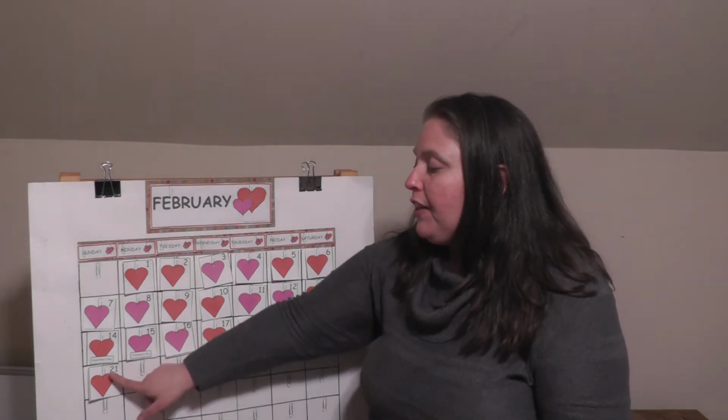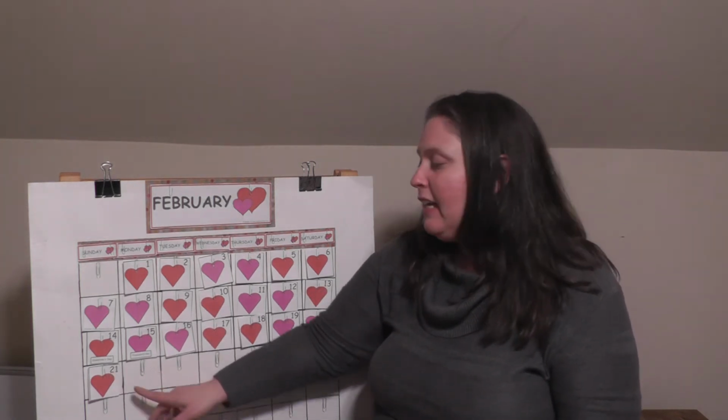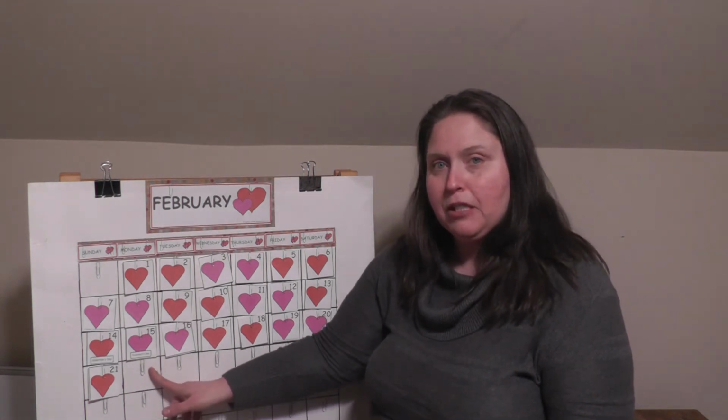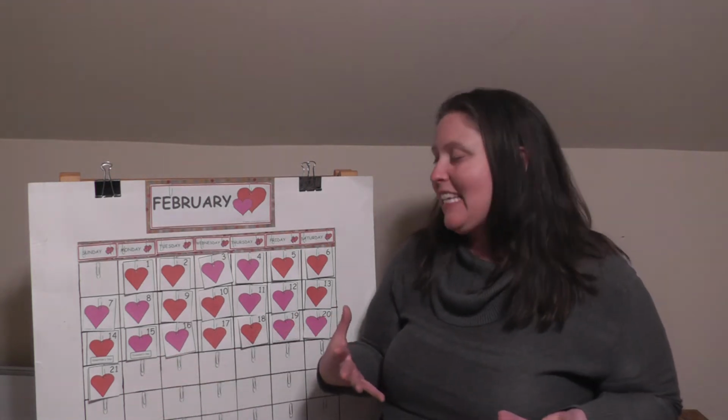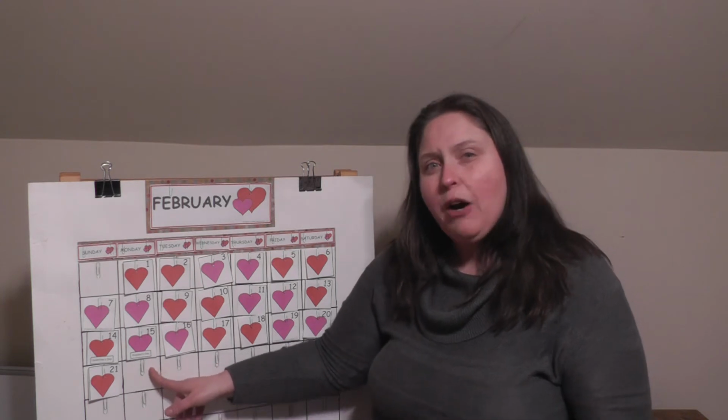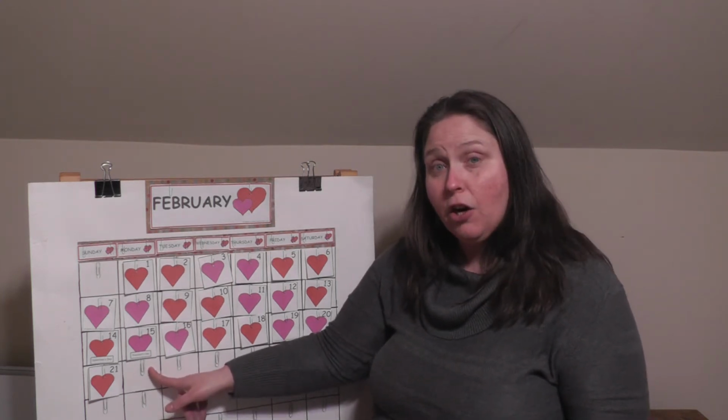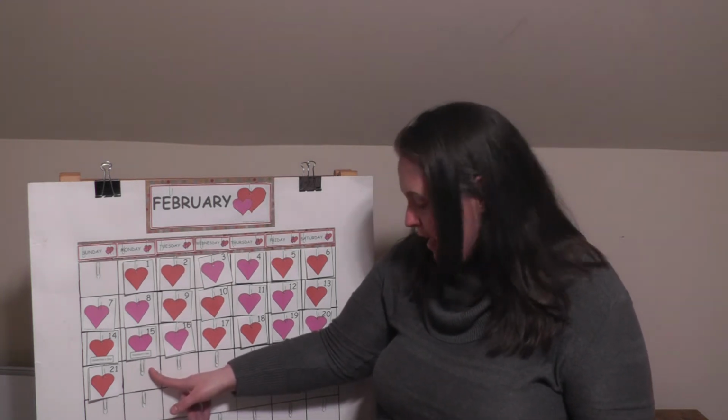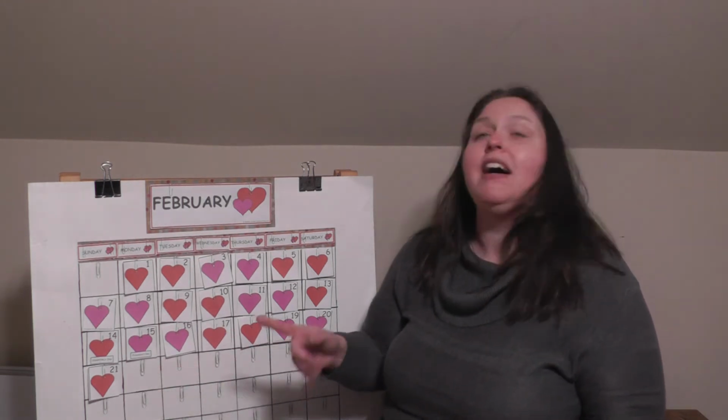And then you're going to go over the number. More than likely, they won't be able to tell you what number is going to come next. So what you're going to say is, oh, let's find out what number is going to be on our calendar piece today. We have to find out by counting.